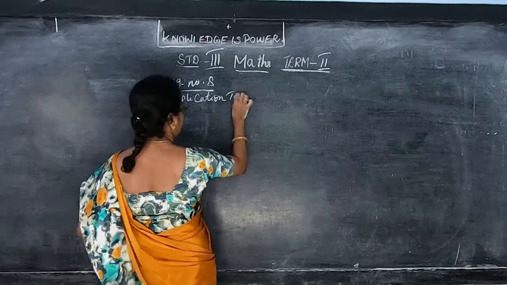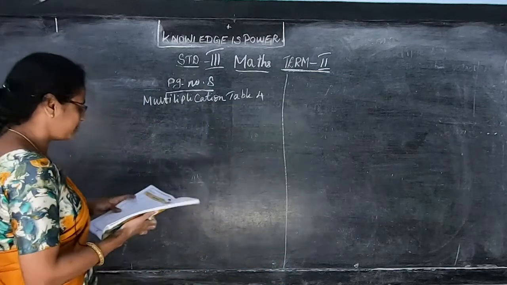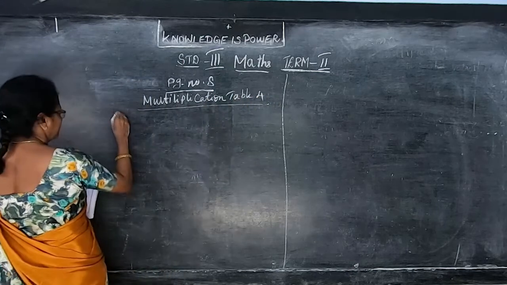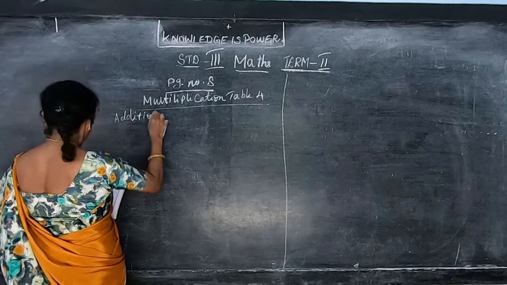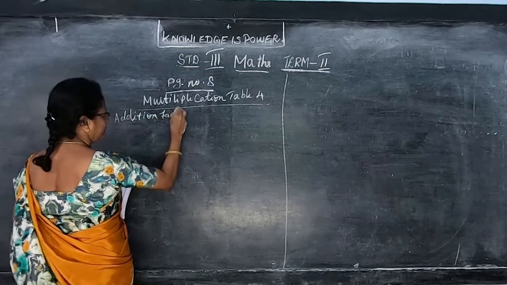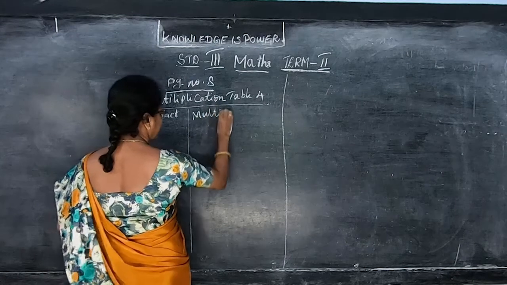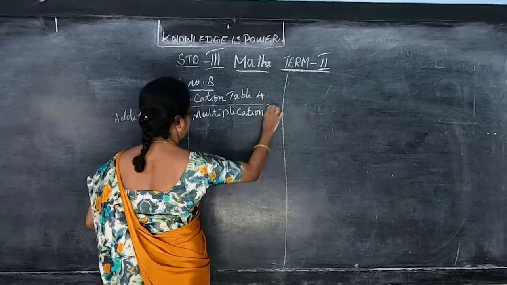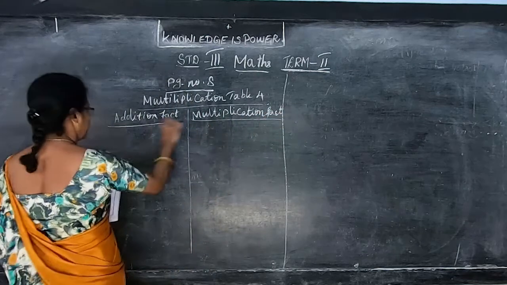In this also they will give the addition fact and multiplication fact. If they ask you to write the addition fact for this number and the multiplication fact for this number, you have to be careful.